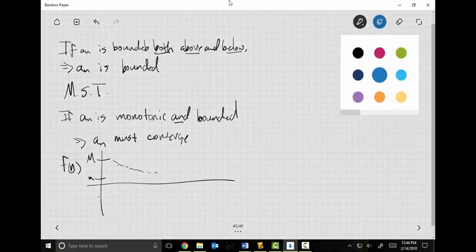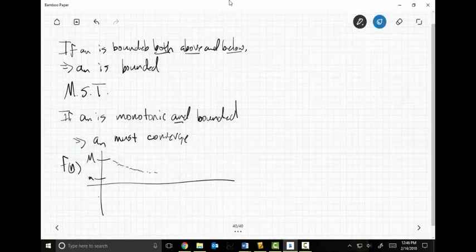Likewise, if I'm increasing but bounded above like this, then I've got to head for m or some value slightly below. Now, is it possible for something to be bounded above but not below? Well, yeah, a function like 1 over n minus 1, right? I know that at infinity from the left-hand side, this thing heads to 1.